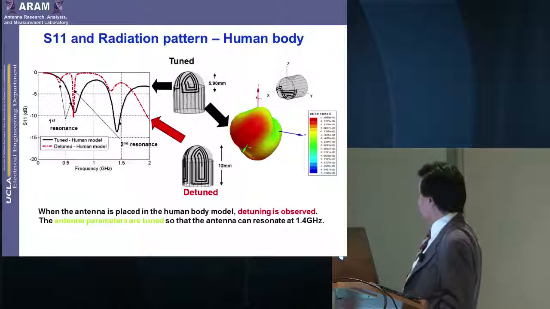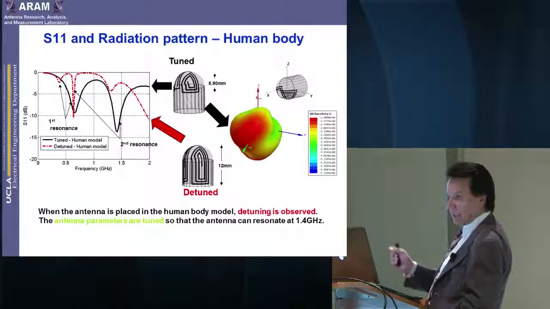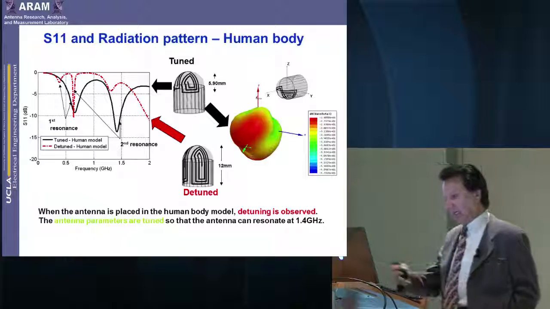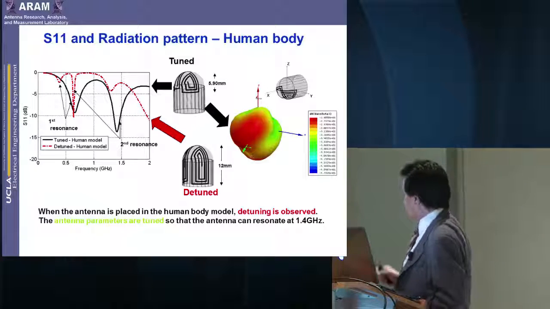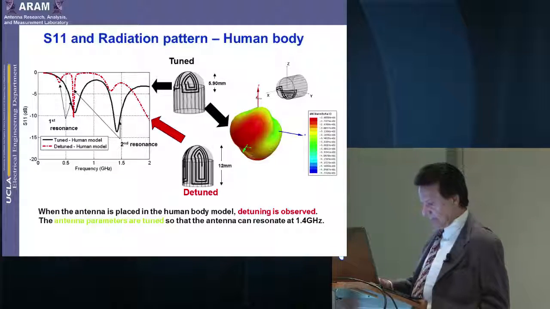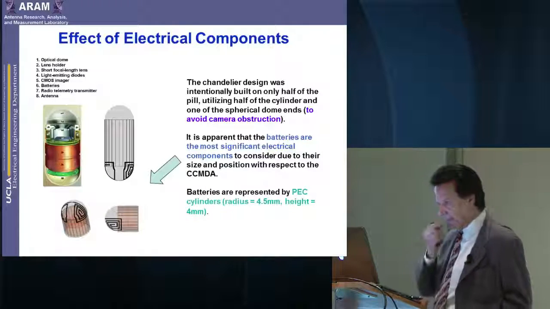As you notice, detuning could occur, but because of this antenna design, by changing the length you can retune it. Now we know what part of the body we expect things to be most effective, so we can tune the antenna for that part of the body, get the best performance, and bring the frequency back to where we want to be.